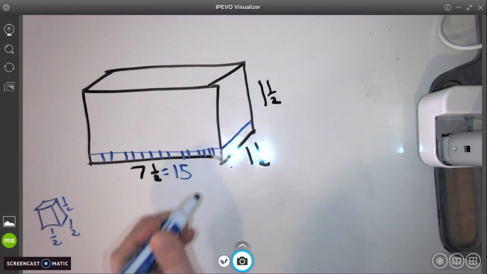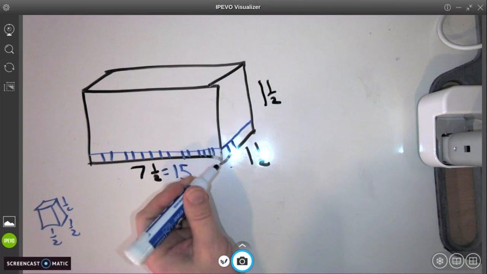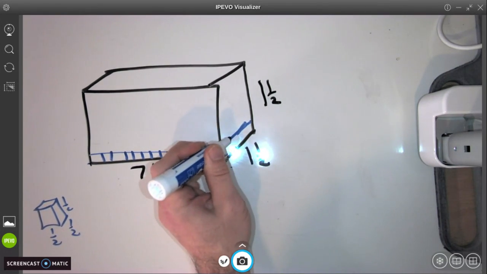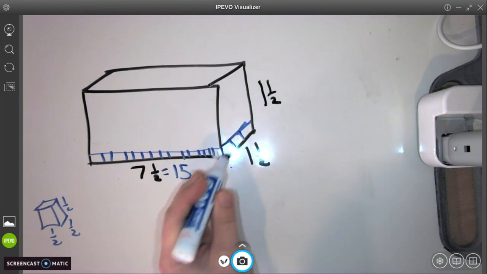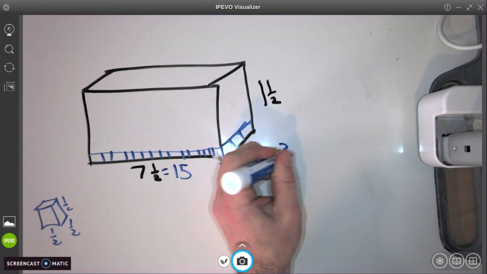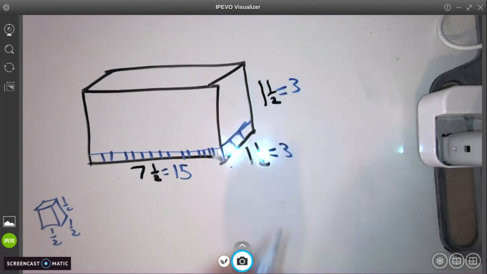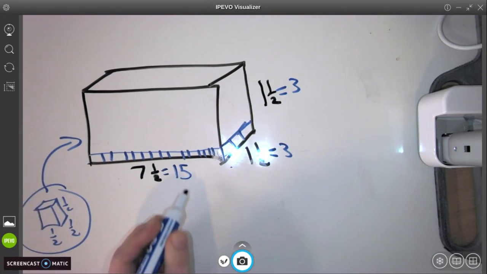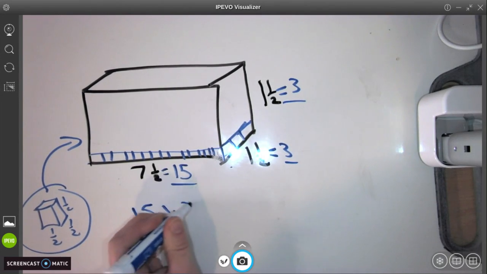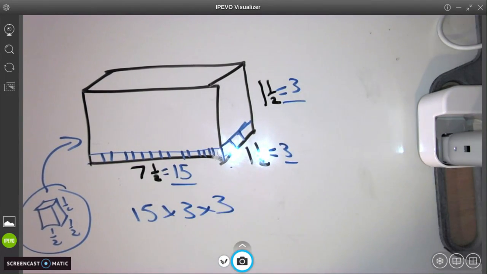Then along the width, 2 halves is equal to 1 inch plus another half, so there are 3 that fit along here. And same thing for the height, there are 3. So to figure out how many half-inch cubes can fit into this, do 15 times 3 times 3.